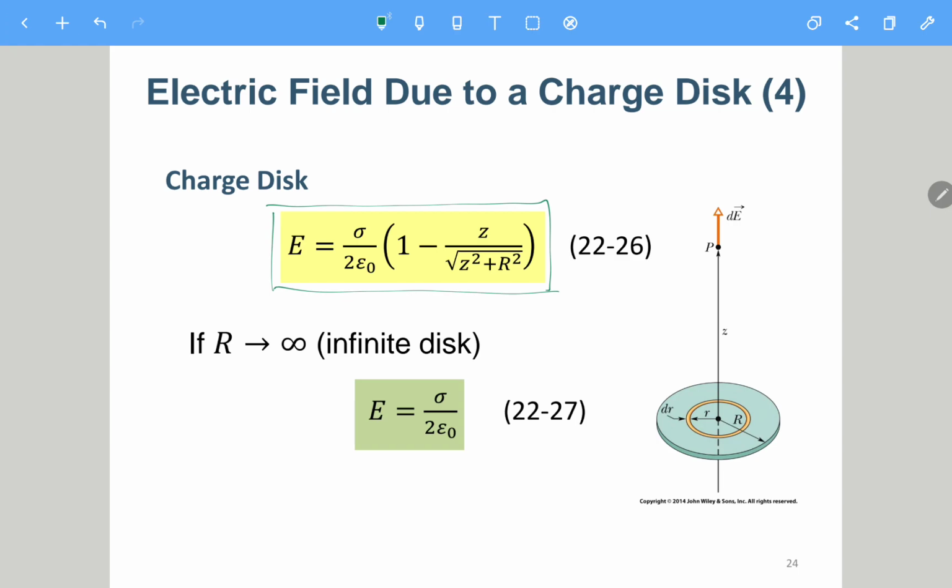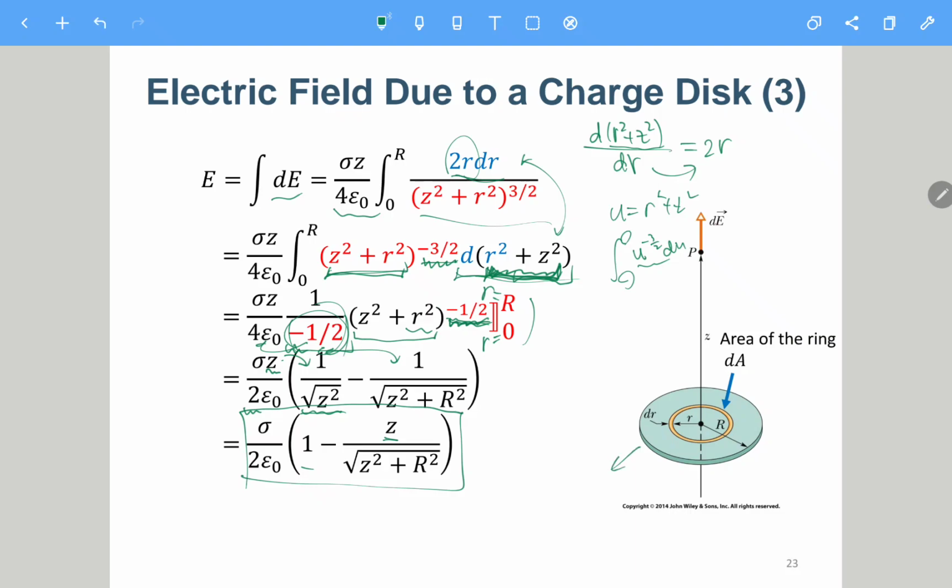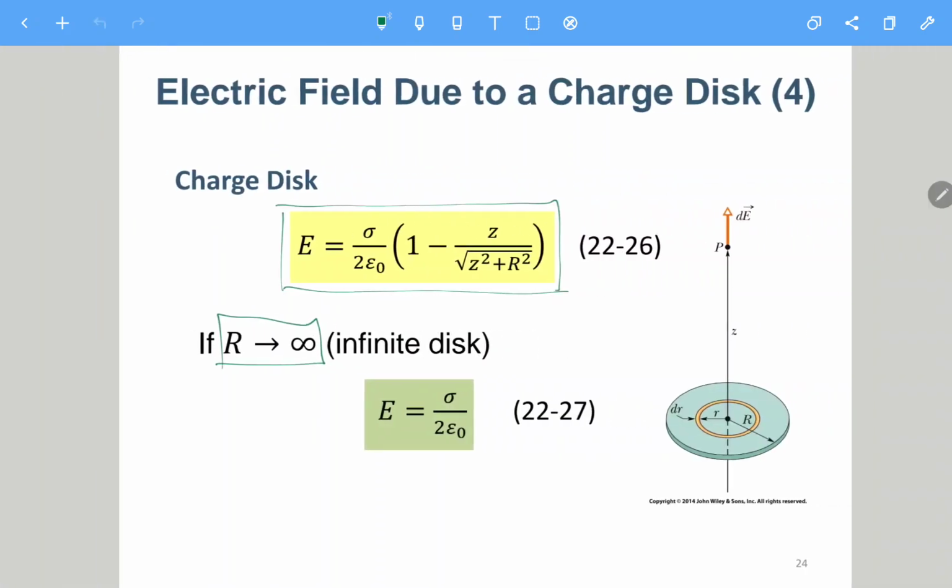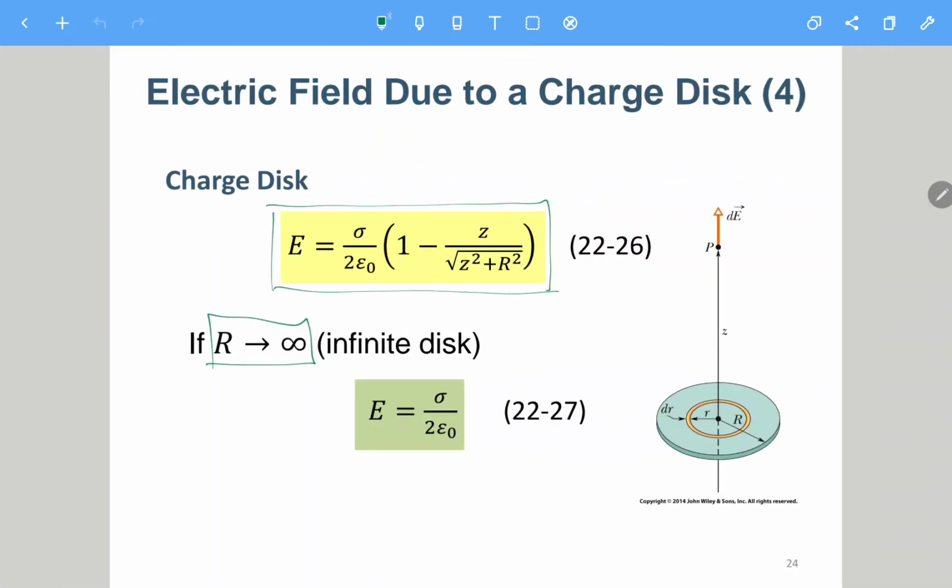Here we make an assumption that this R is infinitely large, which means that this disk is very, very large. You may ask, how can a disk be infinitely large? But this is just an assumption.